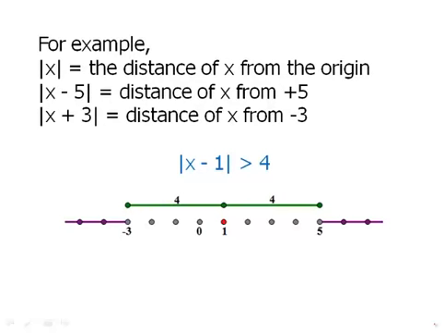So we'd have to go to the left of -3 or to the right of positive 5. That would be the allowed region. That would be all the points that have a distance of more than 4 from the point positive 1. And notice that we could also write this as x is less than -3 or x is greater than positive 5. So both of these blue inequalities say exactly the same thing.